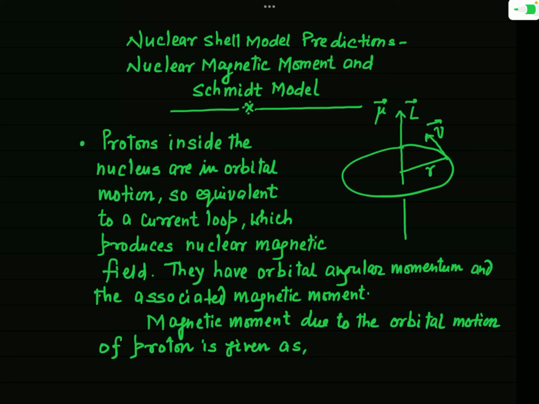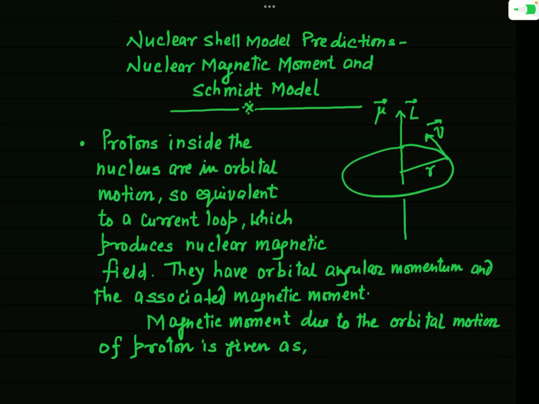Actually, the nucleus possesses angular momentum, and corresponding to angular momentum we always define a magnetic moment. So our nucleus just behaves like a magnetic dipole possessing a nuclear magnetic moment. So what is the nuclear magnetic moment possessed by a nucleus? We will discuss in this lecture.